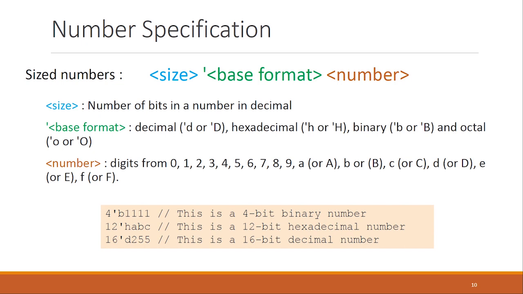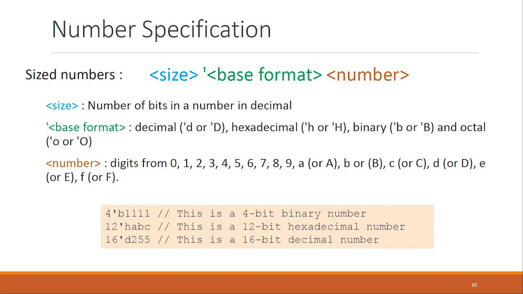Now the first example, if you look at it, is a 4-bit binary number. This is because the first digit in that number specification is 4. So that 4 is used to specify that it's a 4-bit number. And then apostrophe B is used to specify the base format we are using to represent the number.